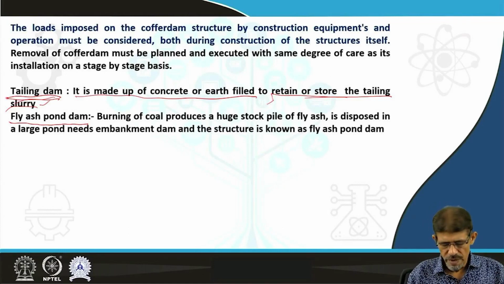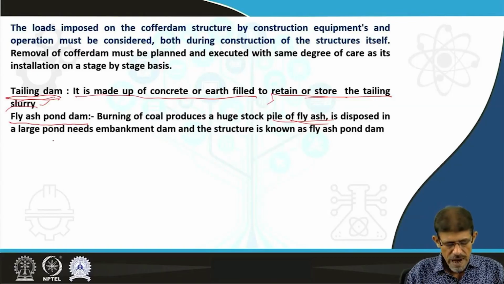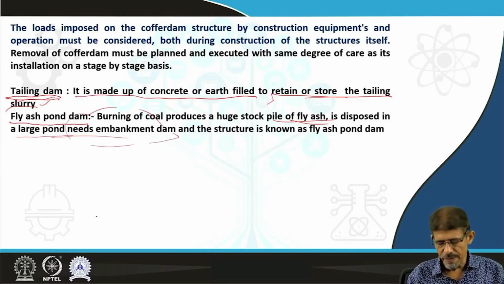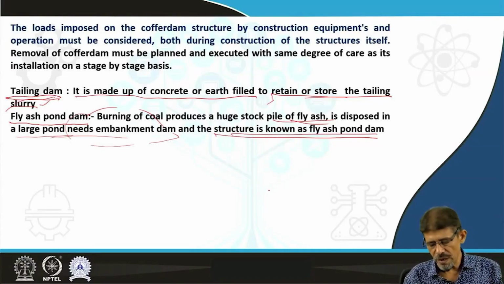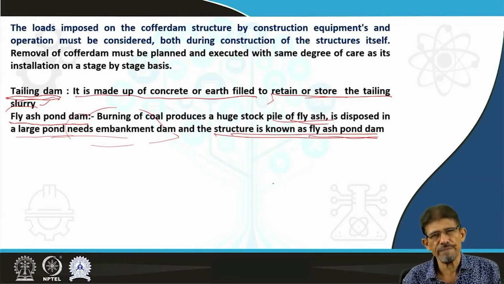Therefore, we put this fly ash as a material in ponds in wet condition to avoid air pollution, and to stabilize this large pond we generally need an embankment dam, and this structure of the embankment dam to protect the wet fly ash is recognized as a fly ash pond dam.